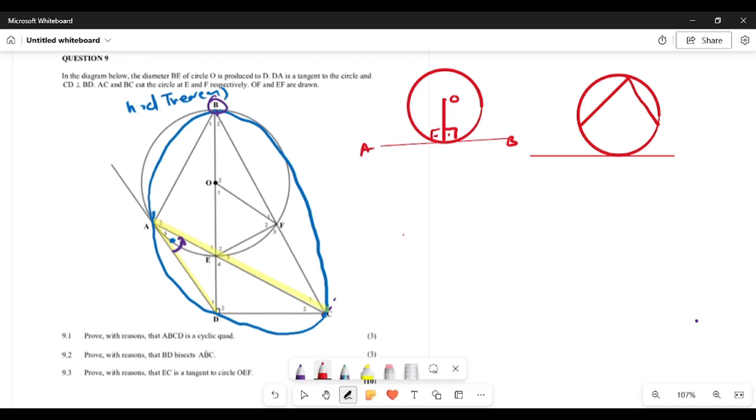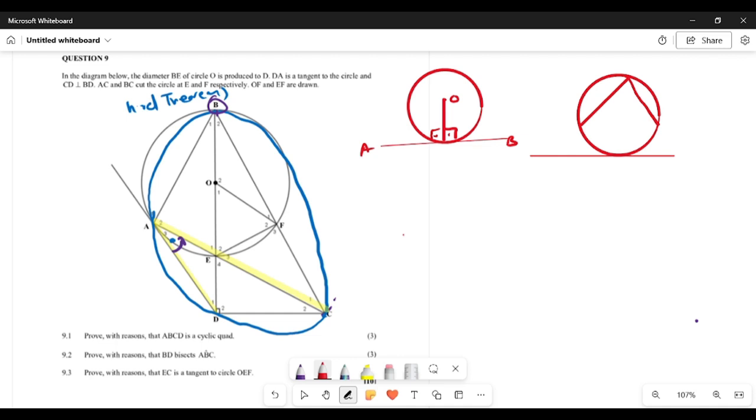So basically, here's your tan chord. And the other one, which you are most unlikely to use, is, remember, tangents from the same point are going to be equal to one another, right? Basically, if you could prove that this line is equal to that line, therefore these two lines would be tangents, because tangents from the same point are equal to one another.